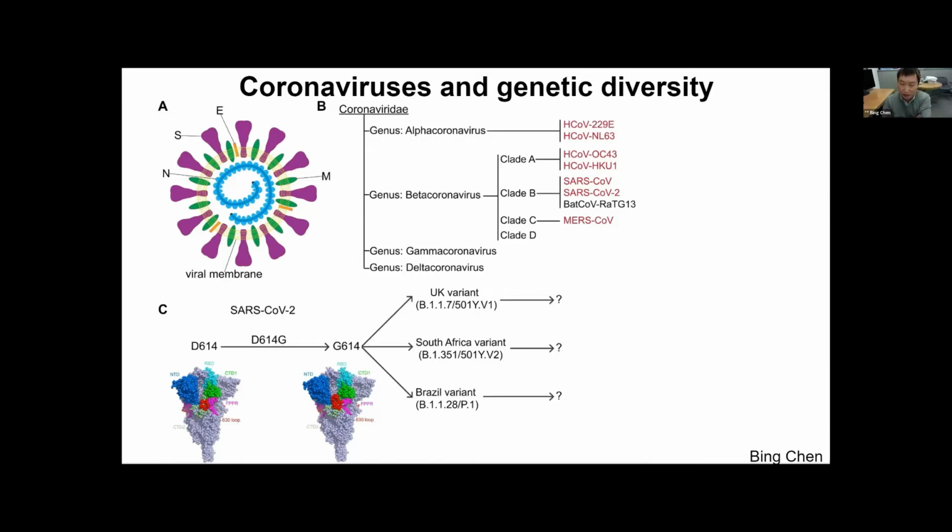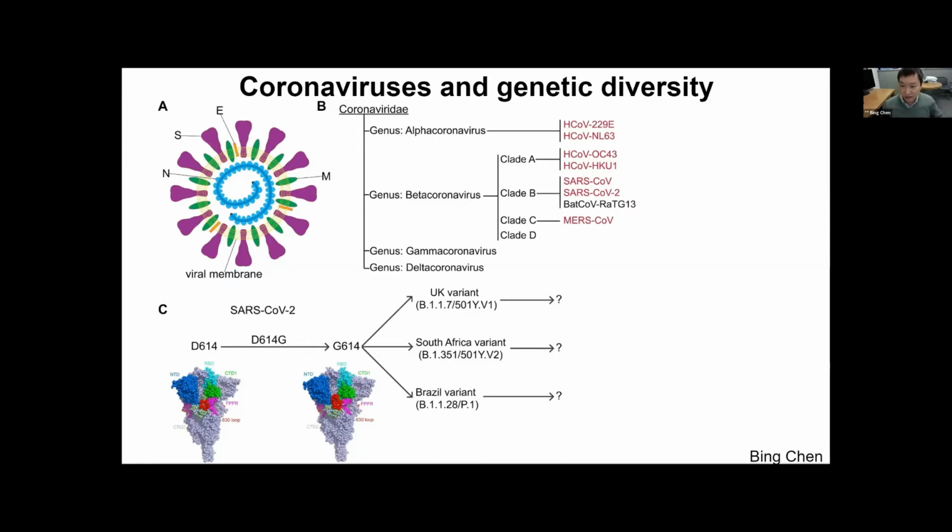What is unique about the coronavirus is that we have to look at the genetic diversity at two different levels. The first is the viral diversity that exists in animals, which has been described in previous talks.